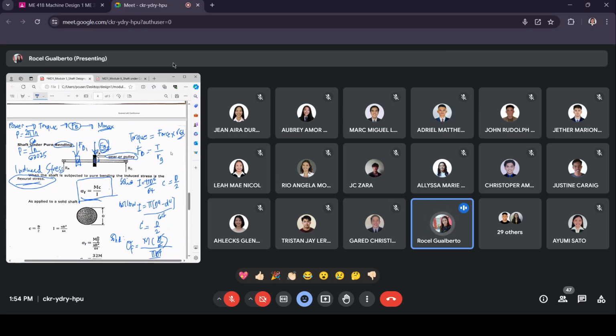Same thing for our equation. Your FB1 would be equal to torque over radius of gear 1, and your FB2 bending load would be equal to the torque over RG2, the radius of this gear.